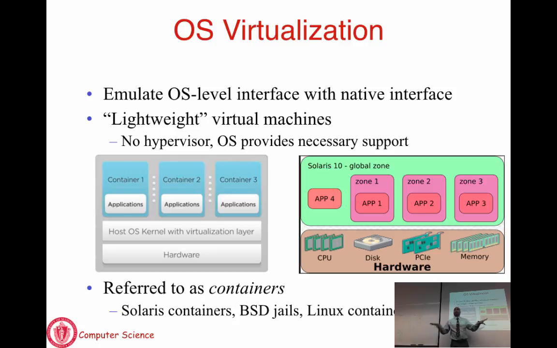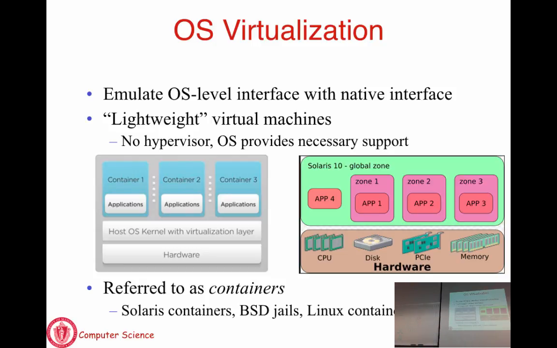Essentially the system call interface that is presented to processes inside that zone could be different from these other zones. The simplest case is, if this is, let's say, OS version 10, you can say inside this zone pretend like you are kernel version 9. So now this is an old application that was designed to run on version 9 of the kernel.